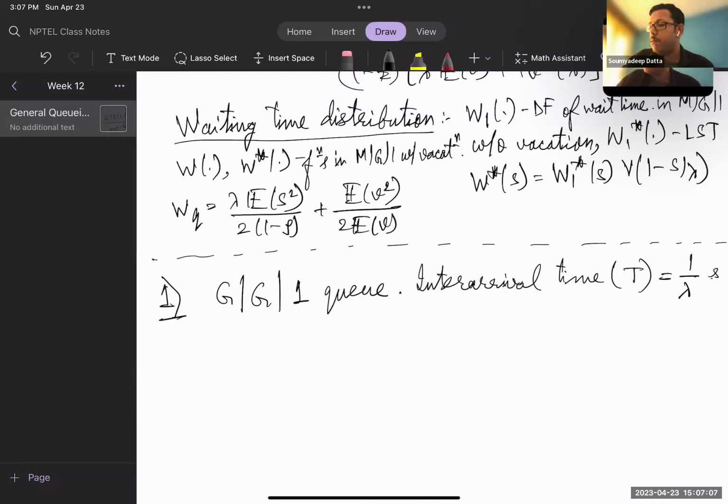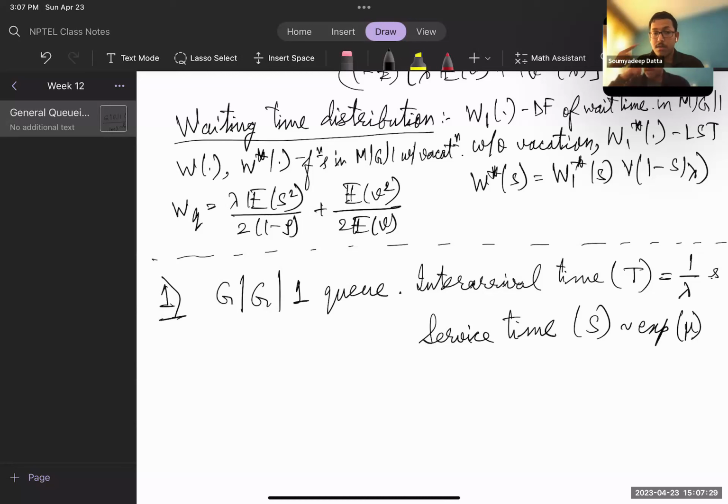And then service time S is, let's say, exponential with parameter mu, right? So something like that.